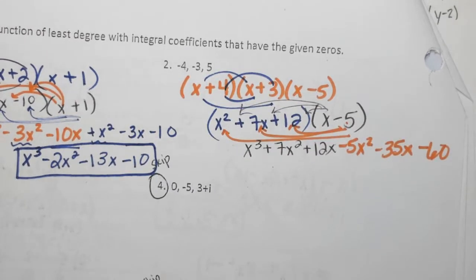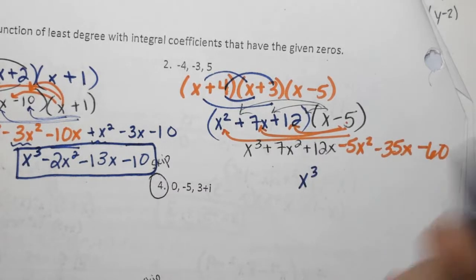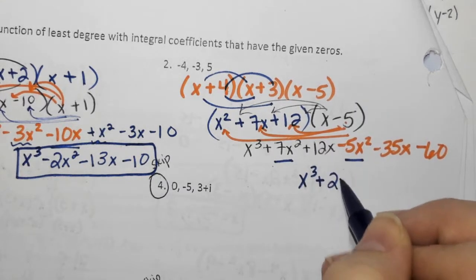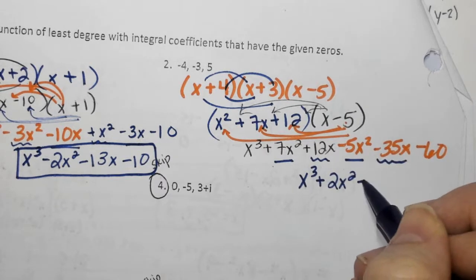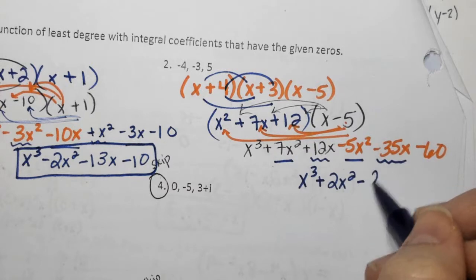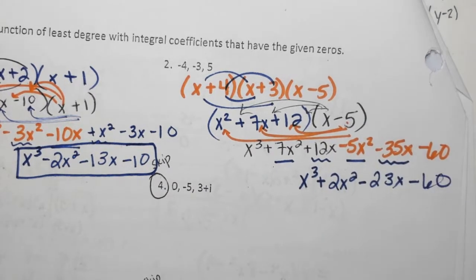If I try to combine my like terms, I've got my x to the 3, 7, negative 5 give me 2, 12, negative 35 give me negative 23, and then my negative 60 doesn't have any friends.